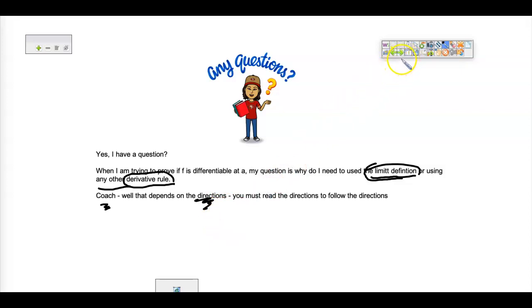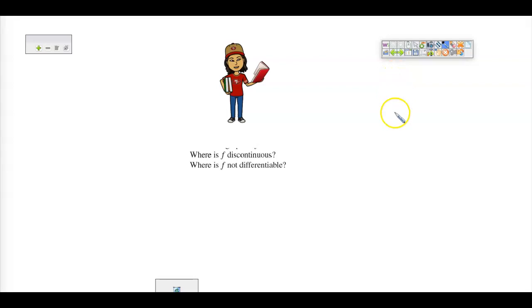So, okay, we focused on the definition of the derivative. We talked about the difference between the position function versus the velocity function versus the acceleration function with respect to t. There's another component that we cannot forget.